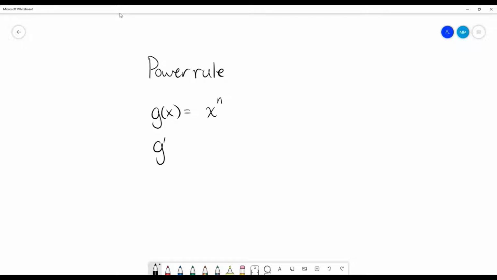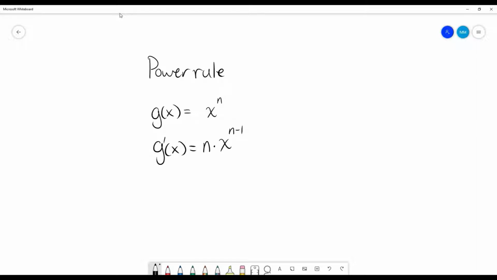If I take the derivative of that, I'm going to take my power and turn it into my coefficient. So it's going to be n times x, and now our power changes. We just subtract 1.